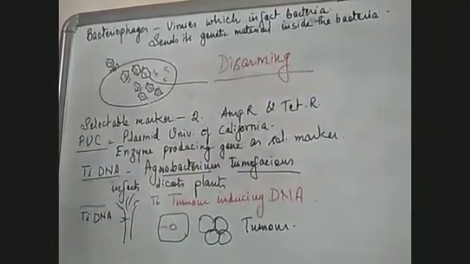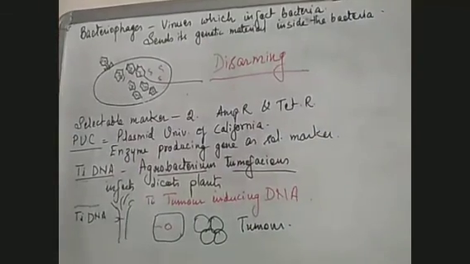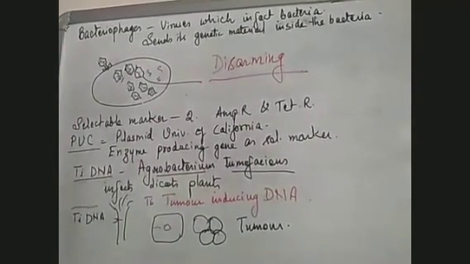We have removed the arm of this particular bacteriophage, or here this agrobacterium tumefaciens, and we have used these two organisms for our purpose, for transferring the desired gene into the host.